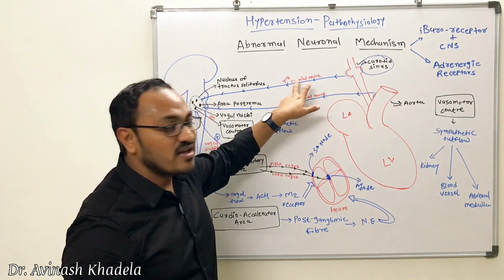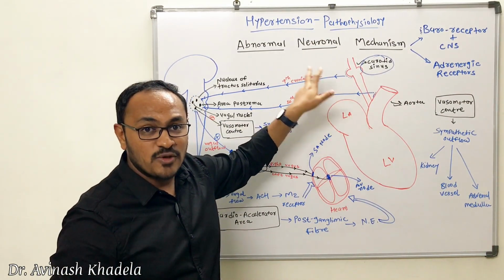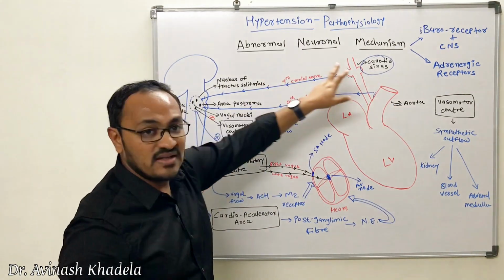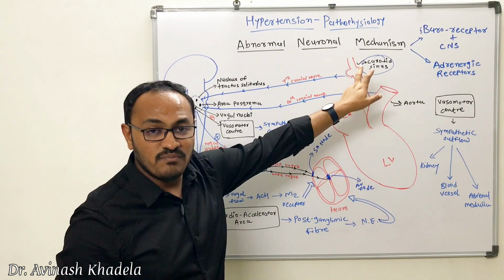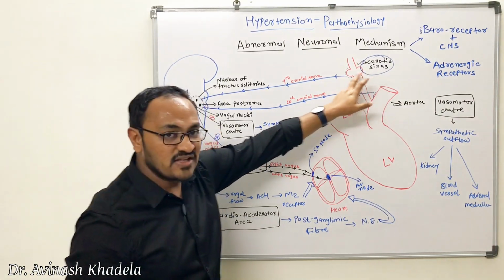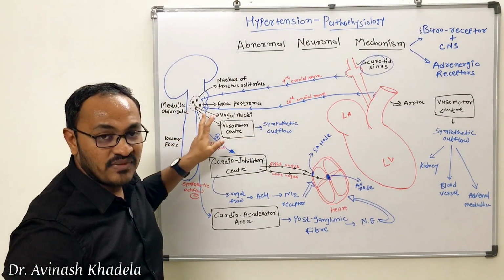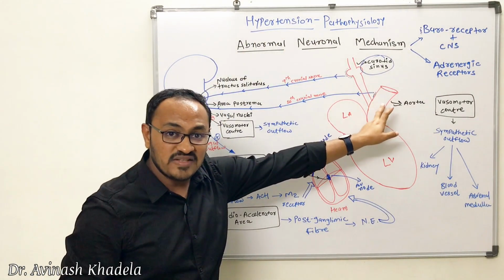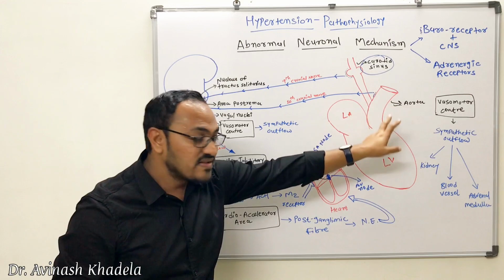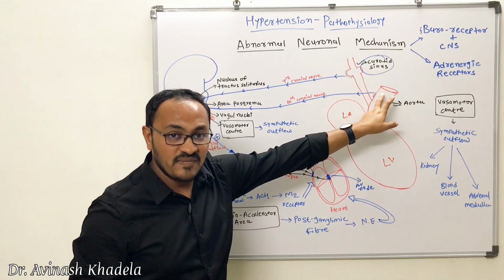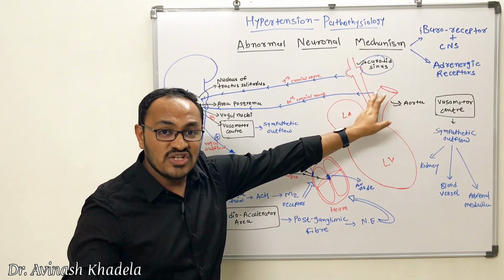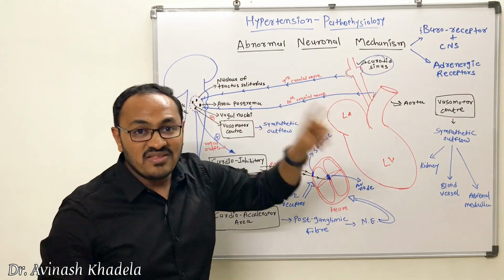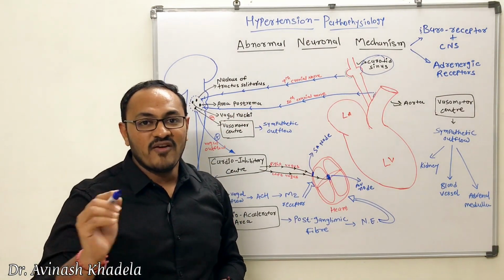Here the 9th cranial nerve, known as the glossopharyngeal nerve, signals the change in blood pressure from the carotid sinus to the brain region. There are also baroreceptors present in the aortic region. When the aortic baroreceptor senses the change in blood pressure, it will send the signal to the brain via the 10th cranial nerve, known as the vagus nerve.